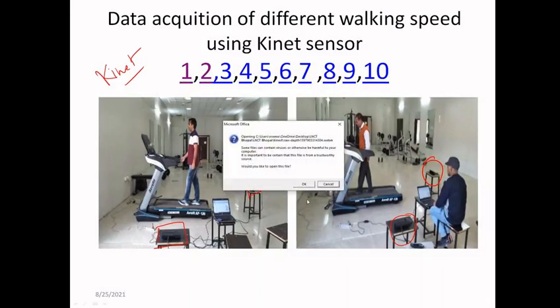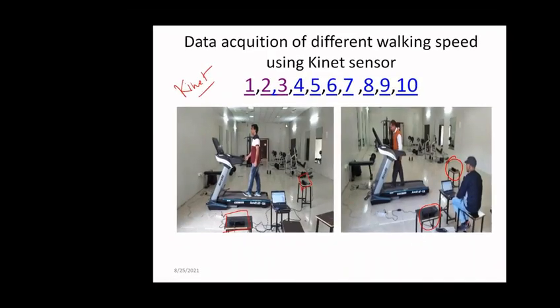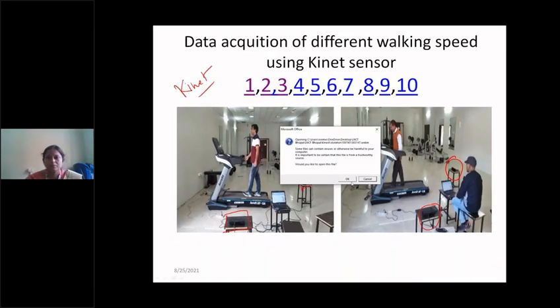The person will start to walk. There is also an RGB camera, so it is capturing the color image too. After that, the studio camera will give you the performed way of walking.